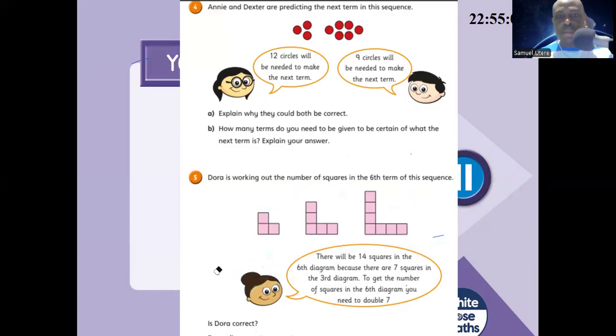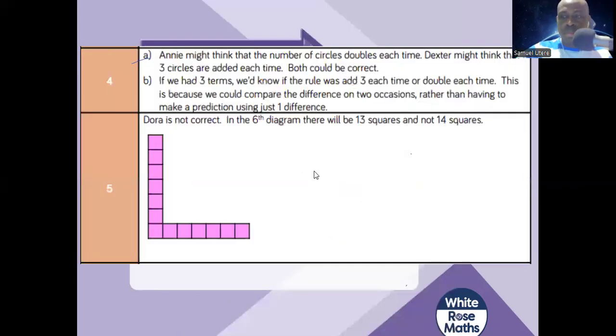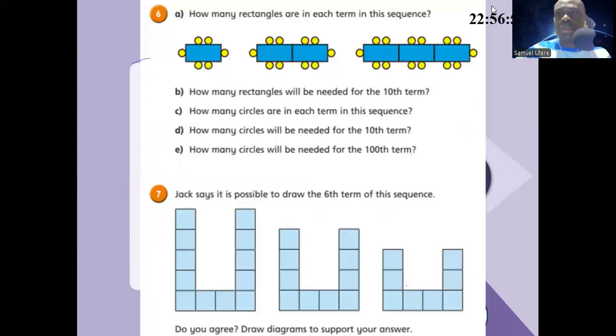Okay, it's now time for you to answer question 6 and 7. All right. So question 6 and 7, I'll give you 4 minutes on this one because this one has a bit of work to be done. Okay. 4 minutes.